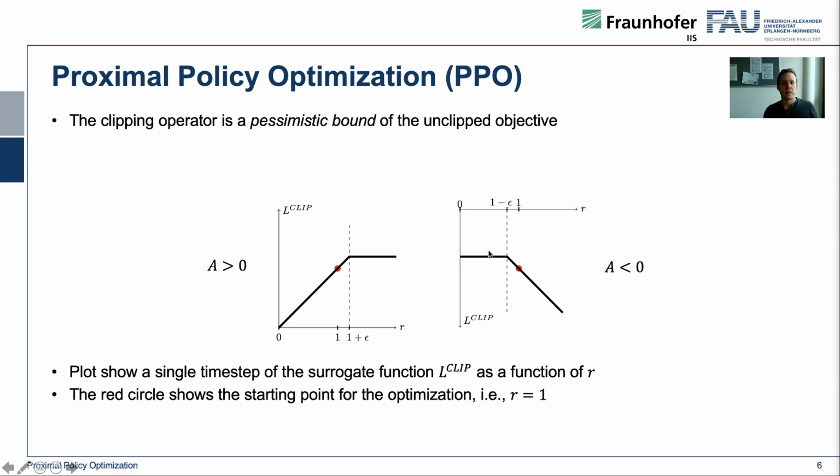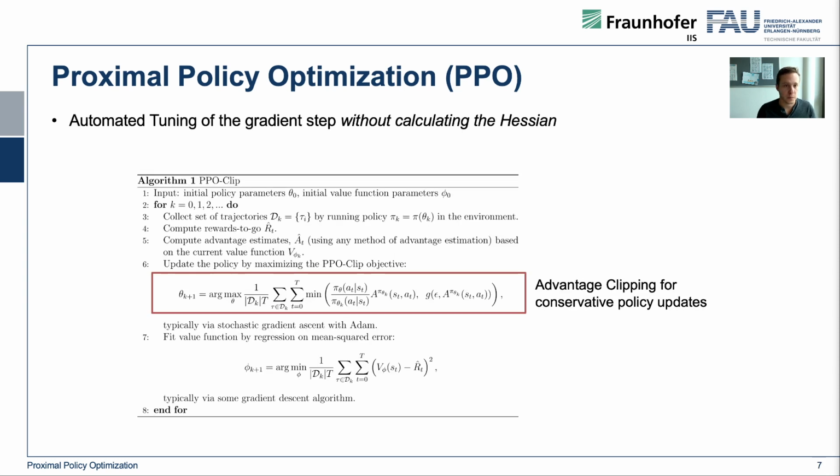So this is the clipping operator that helps you define that the probabilities under the old policy and the probabilities under the new policy will stay in a certain region around the old policy.